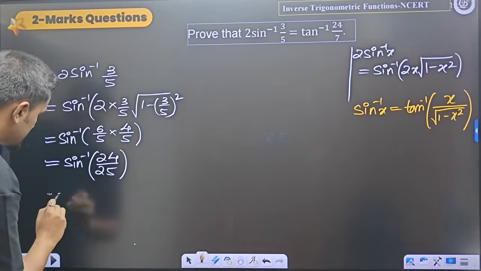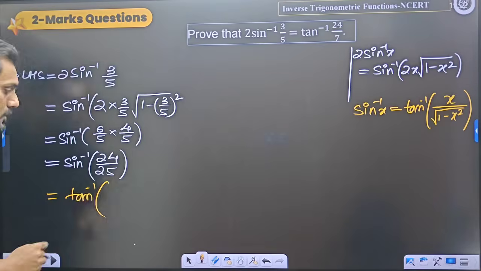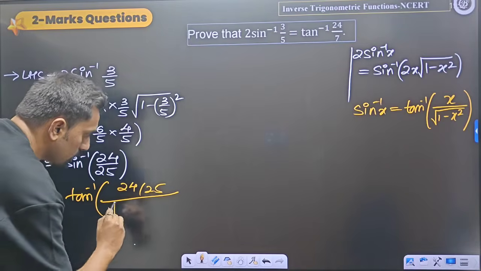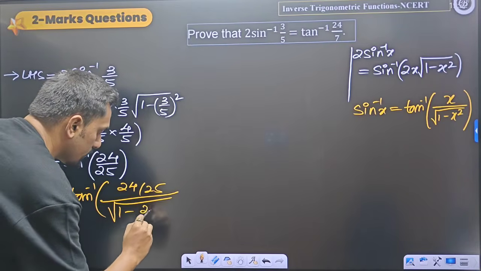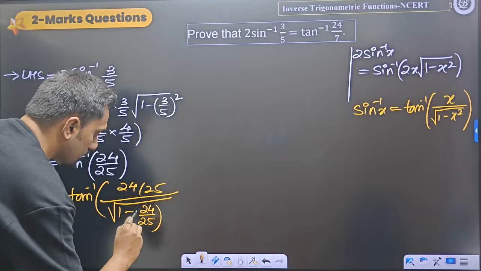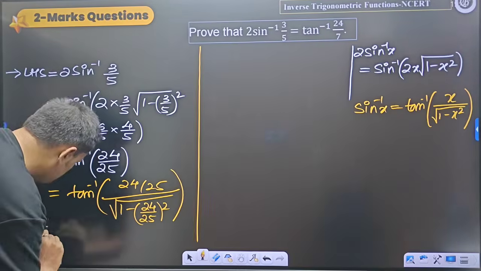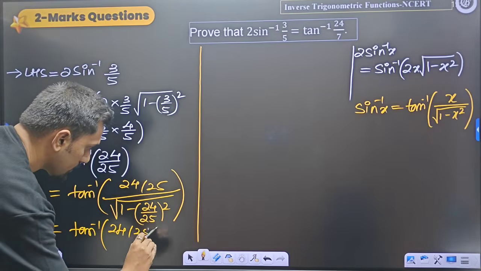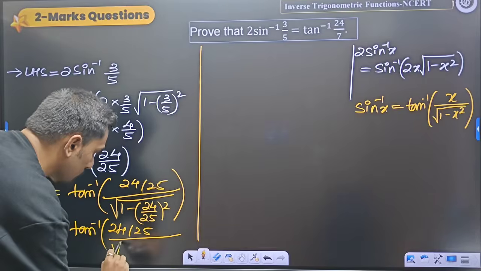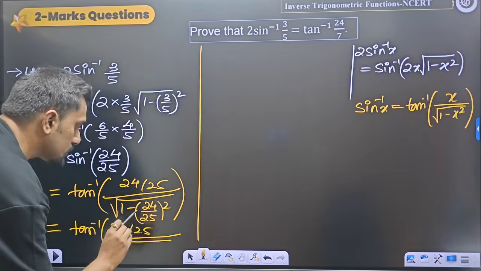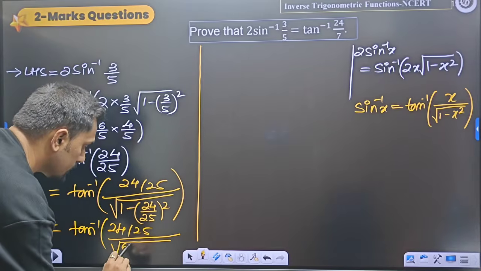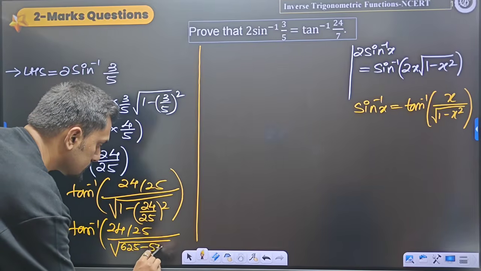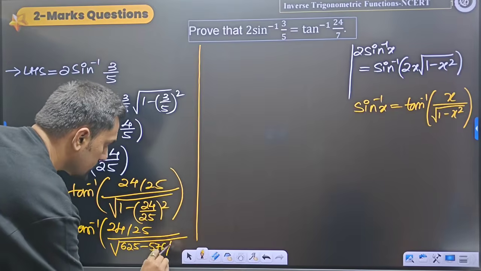Tan inverse of x, which is 24 divided by 25, whole divided by root of 1 minus 24 divided by 25 square, which is equal to tan inverse of 24 by 25 divided by under the root of 25 square is 625, 625 into 1 is 625 minus 24 square will be 576, whole divided by 625.